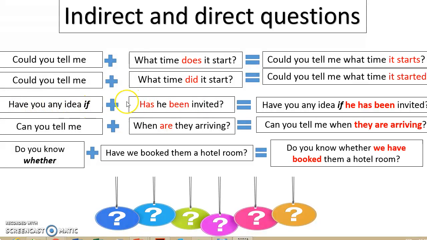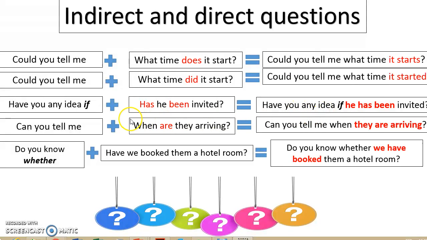In yes/no questions, I'm going to add if. So what I will have is, have you any idea if he has been invited? So as you see again, what I'm doing is changing the structure, right? And instead of saying, has he been invited, I say, have you any idea if he has been invited? Remember that the purpose of indirect questions is to sound more polite, all right?